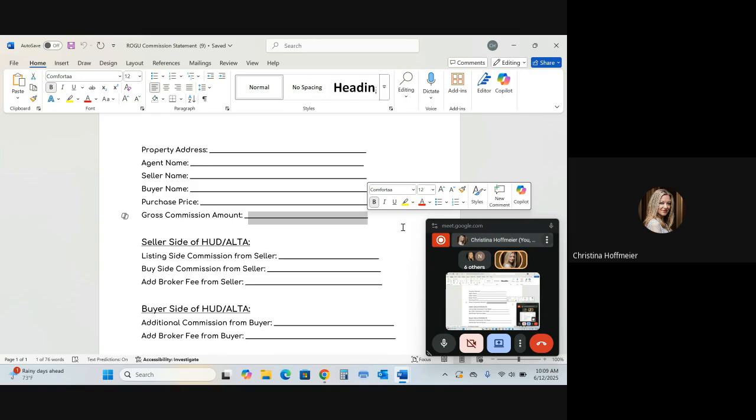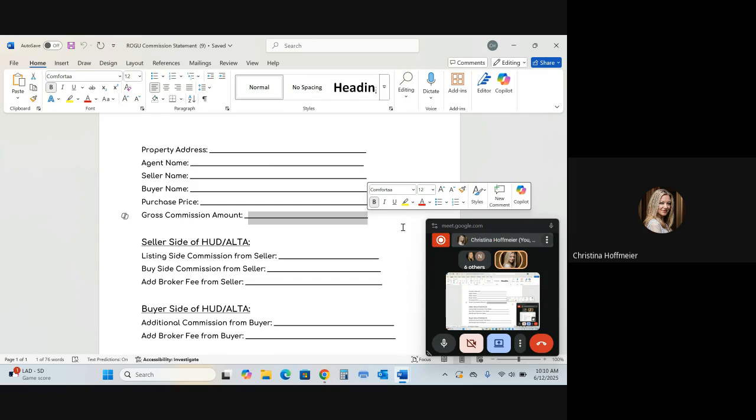So you take 4% minus 3%, that's $3,000 that the seller is paying for, but your client's also paying $1,000 because you have a 4% BAC. So the gross commission amount at the top is going to be $4,000. You are just the buyer agent, so you're only going to calculate what you are getting. We are never going to assume the relationship that another party has with their client. Do you understand how that works?